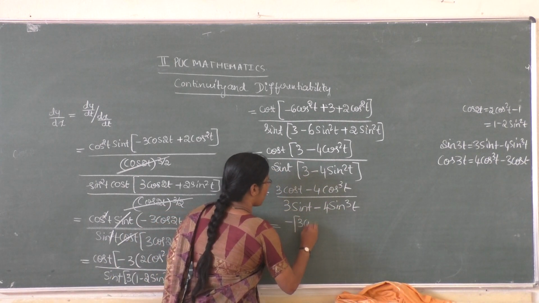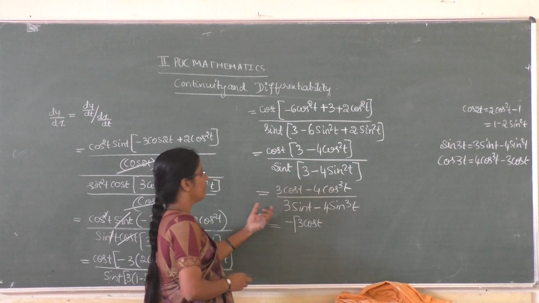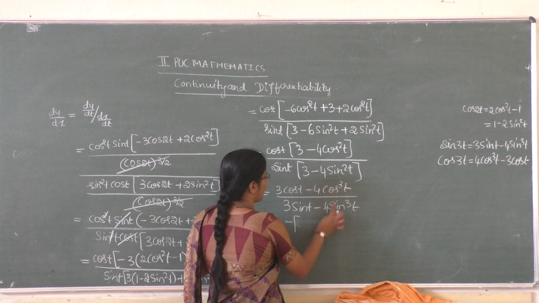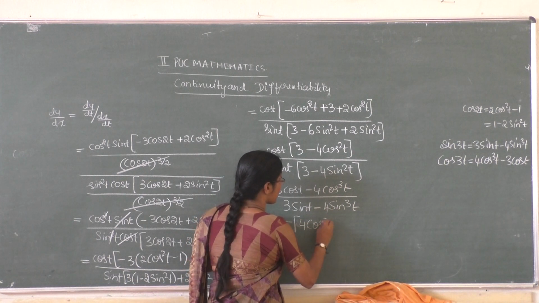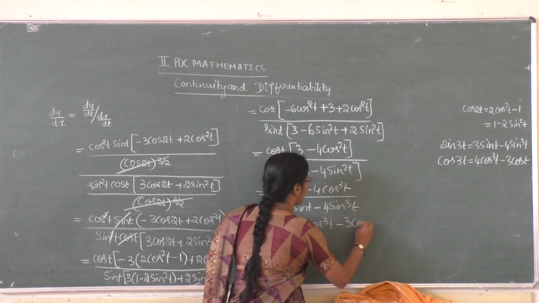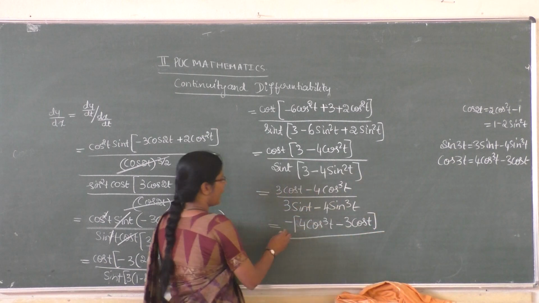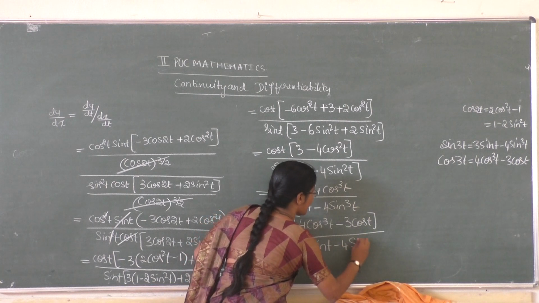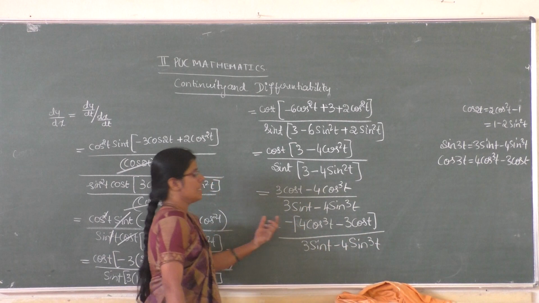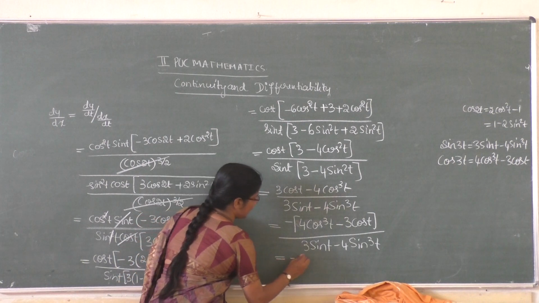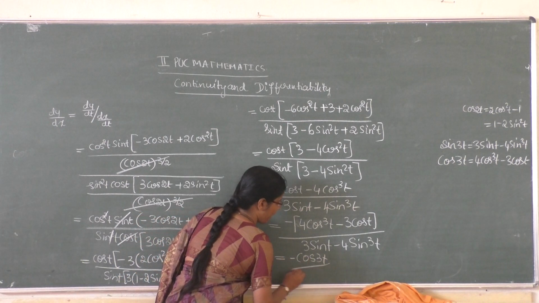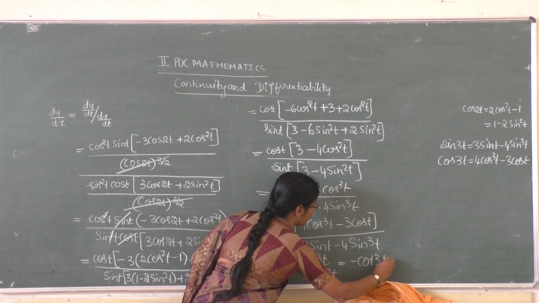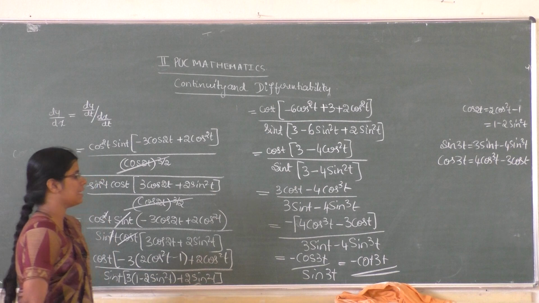Sorry, minus we take common. So we get 4 cos cube t minus 3 cos t divided by 3 sin t minus 4 sin cube t. So this is nothing but minus of cos 3t divided by sin 3t, and this is minus cot 3t. Okay, so see this formula.